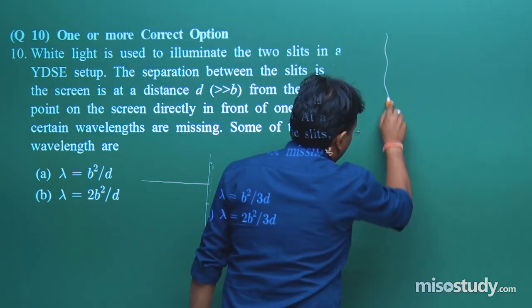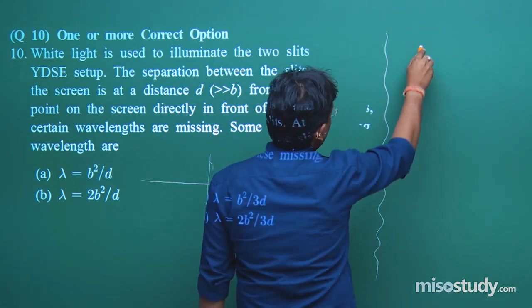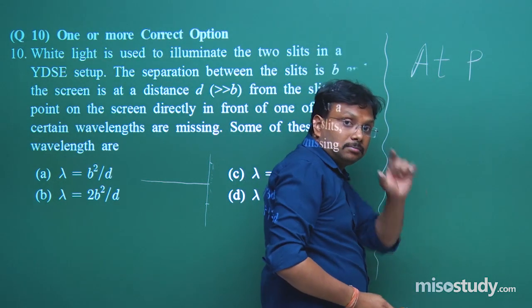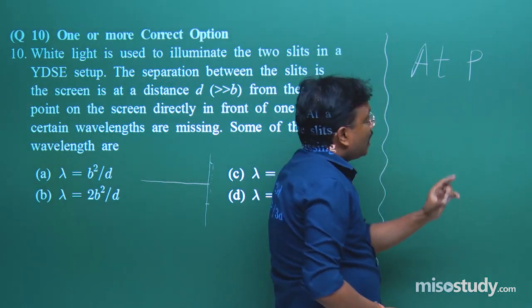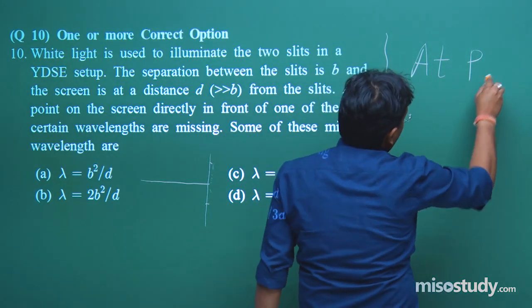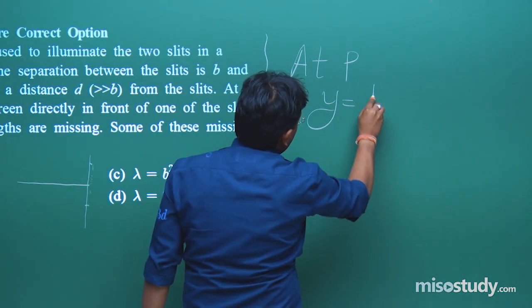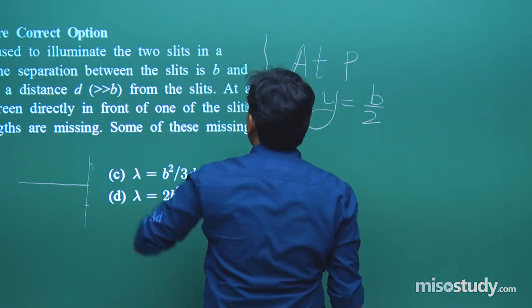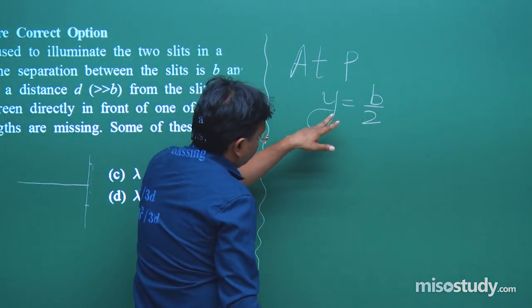Please do not forget this. At P, P means at a point, half of this gap. So, at P, y is equal to B by 2. How am I writing like this? It is given in the problem. Fine. So, y is equal to B by 2.